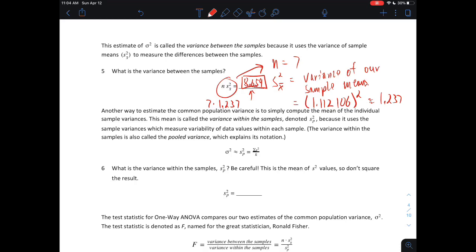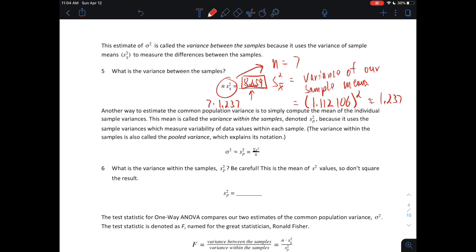That's where the p comes from in the subscript, which explains its notation. So in this case, the approximation for sigma squared is approximately S sub p squared, which is equal to the sum of the sample variances, that's the sum of S squared, divided by k, which again is your number of samples. What is the variance within the samples?